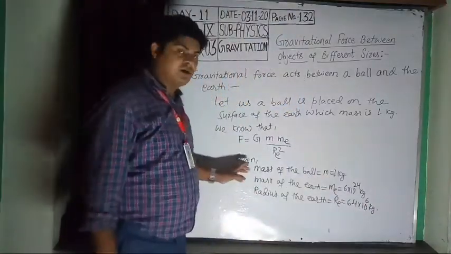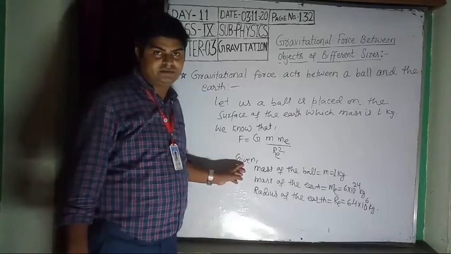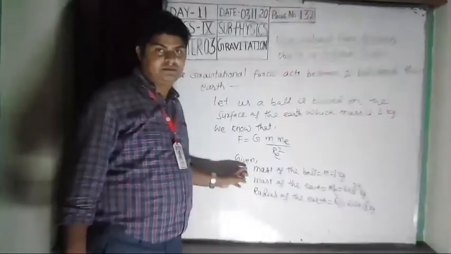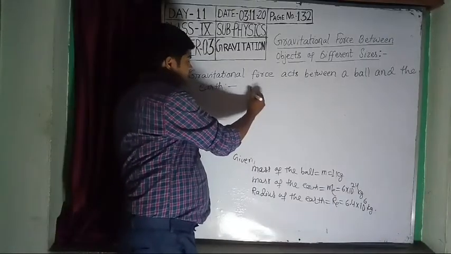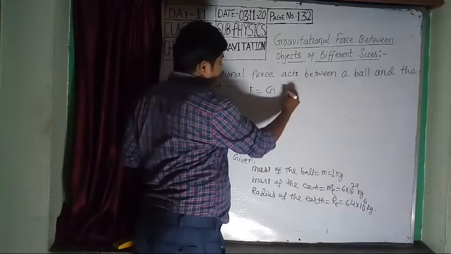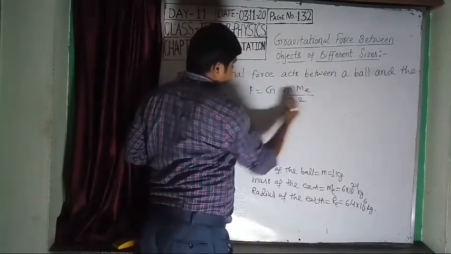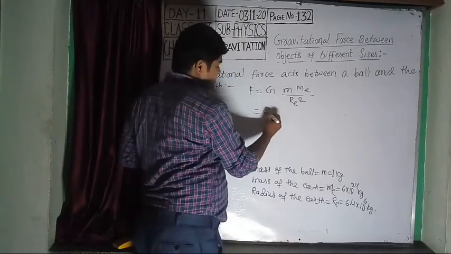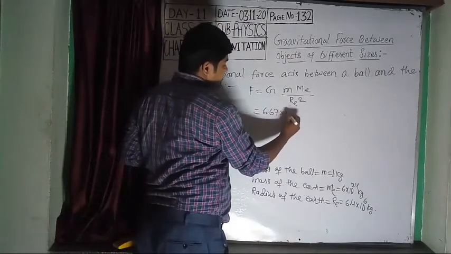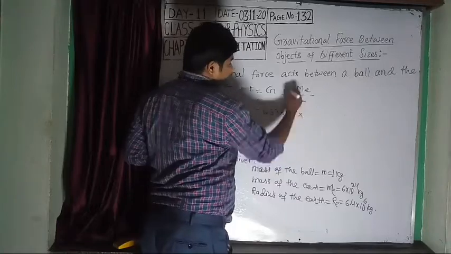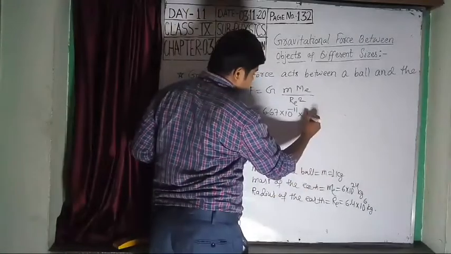Now let us see how to solve it. F is equal to G m me by re square. Now put the value of G, 6.67 into 10 to the power minus 11. Put the value of m, small m, 1 kg.